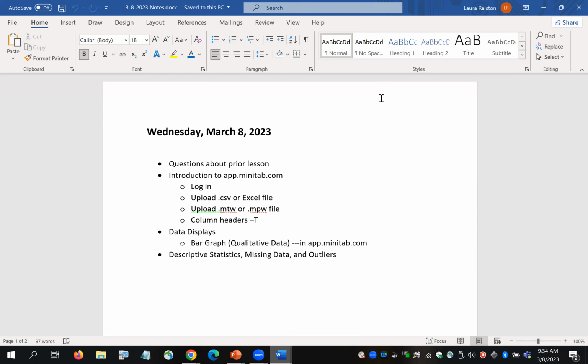A lot of folks will use Microsoft Excel, although Excel was never intended to be used as a statistical analysis tool. You can Google and find free websites that will do it. There are a variety of statistical software packages. There's one called SAS, SPSS, there's Minitab, and I personally learned Minitab when I was coming through school.